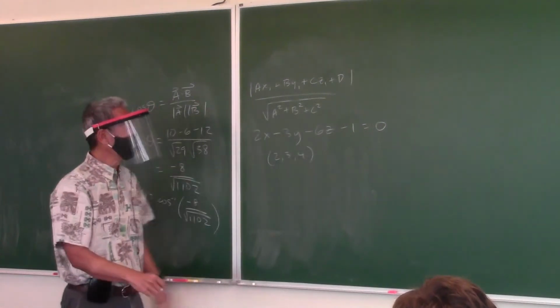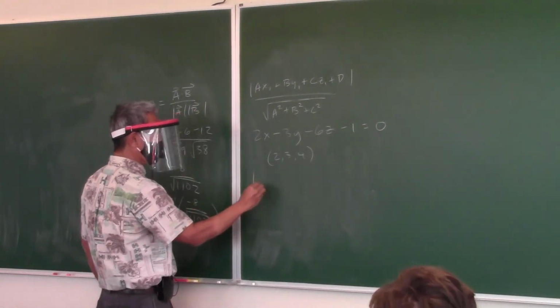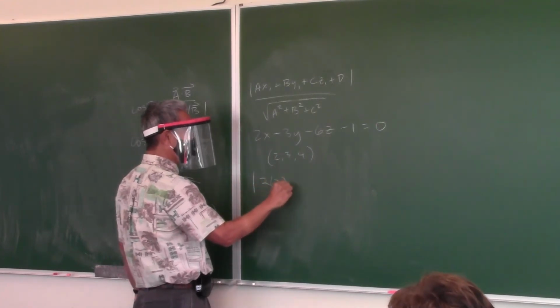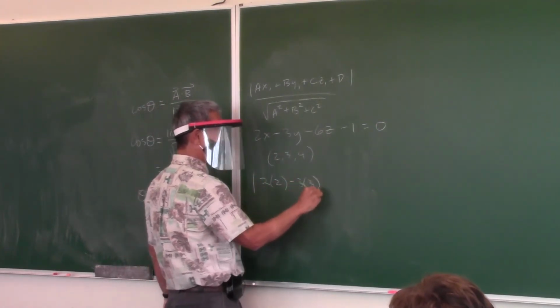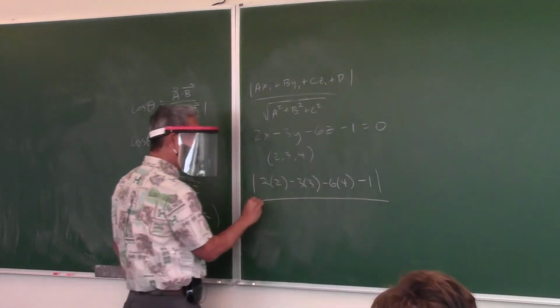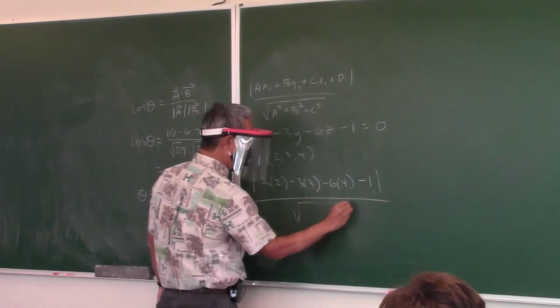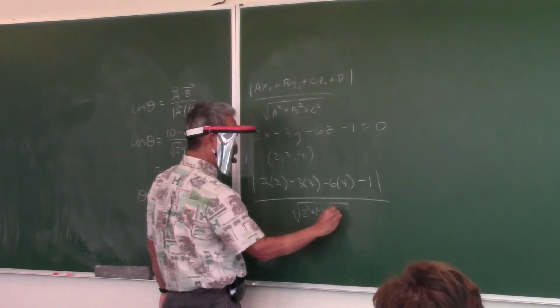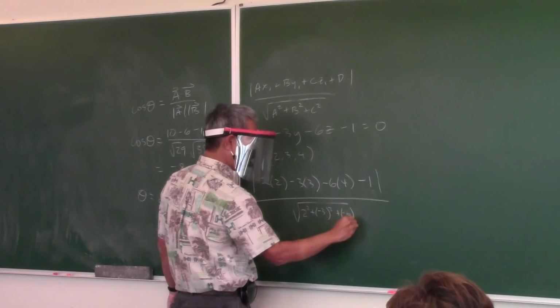Plug and chug, baby. Absolute value of 2 times 2 minus 3 times 3 minus 6 times 4 minus 1, all over the square root of 2 squared plus negative 3 squared plus negative 6 squared.